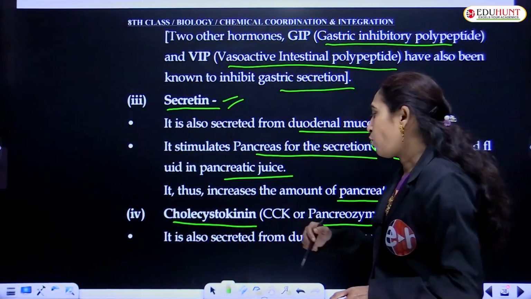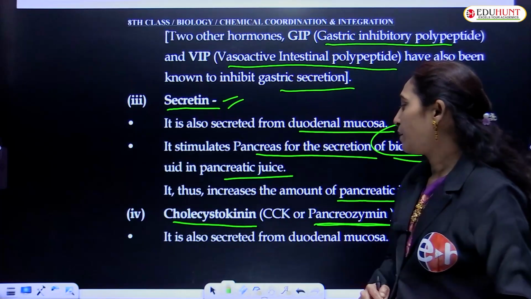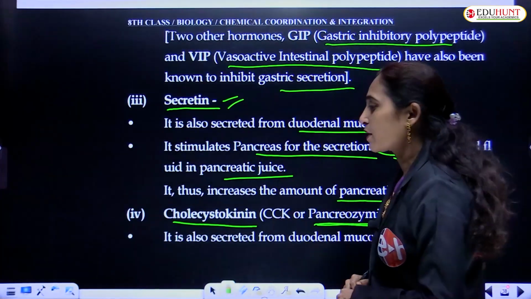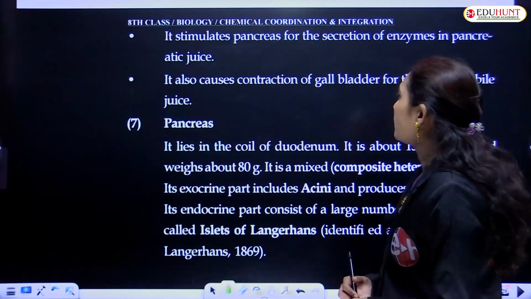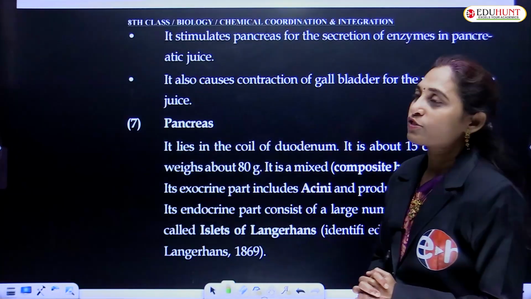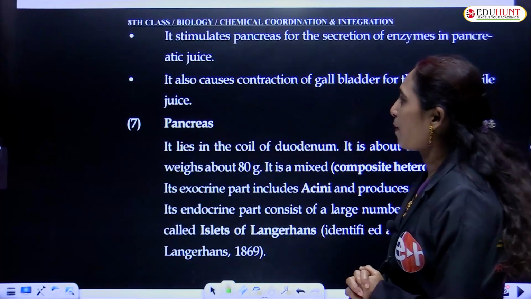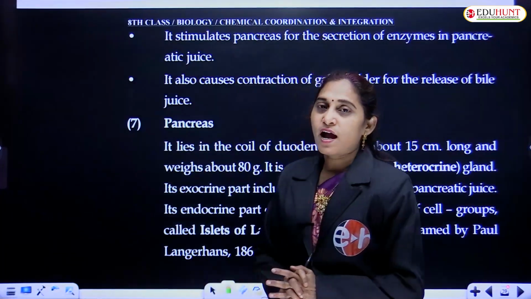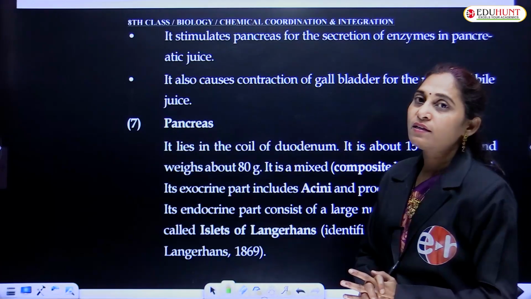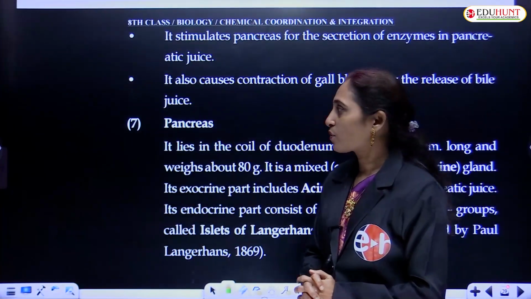And cholecystokinin, also known as pancreozymin, is secreted by the duodenal mucosa and stimulates the pancreas for the secretion of pancreatic juice and enzymes. The pancreas secretes these enzymes under the influence of this pancreozymin.